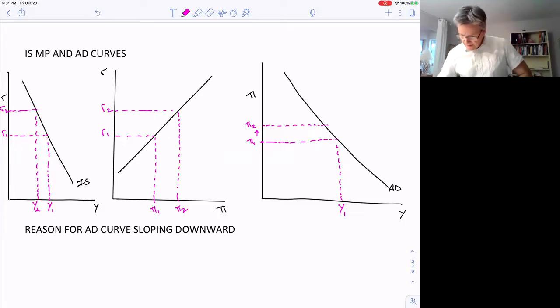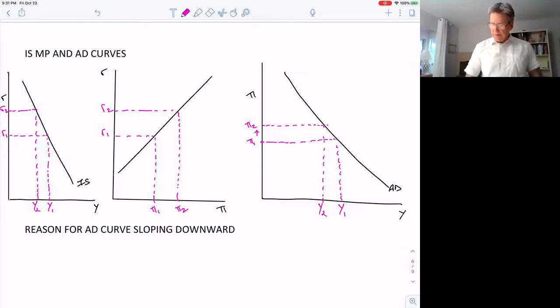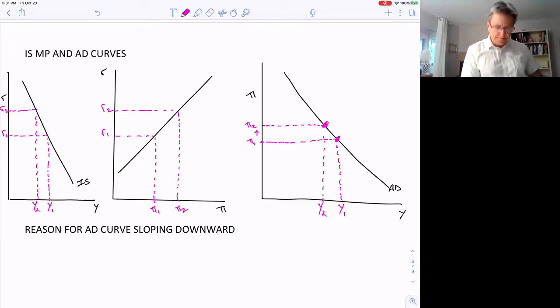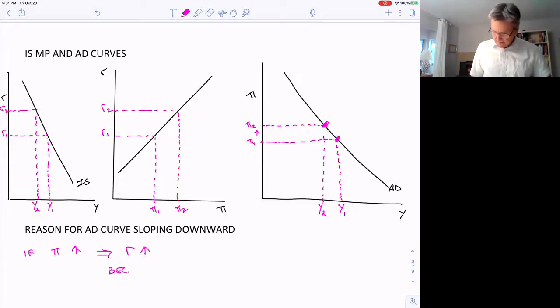So by changing the inflation rate, there's a movement along this aggregate demand curve. If inflation increases, that means that R increases because of the Fed.